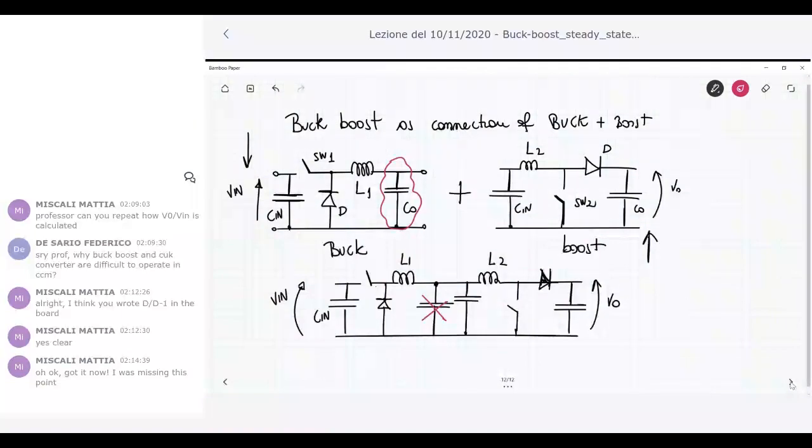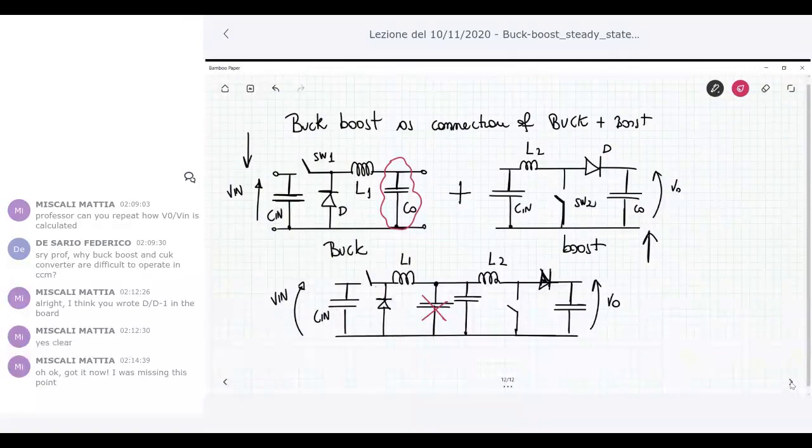What happens for the input capacitance for all the converters? The input capacitance, strictly speaking, again, is not essential to the operation of any converter. Any converter I described to you up to now can operate in the way I explained without the presence of C in. Many textbooks describe the operation of the buck, the boost, buck boost, etc., without insertion of C in, because the input voltage V in is constant.